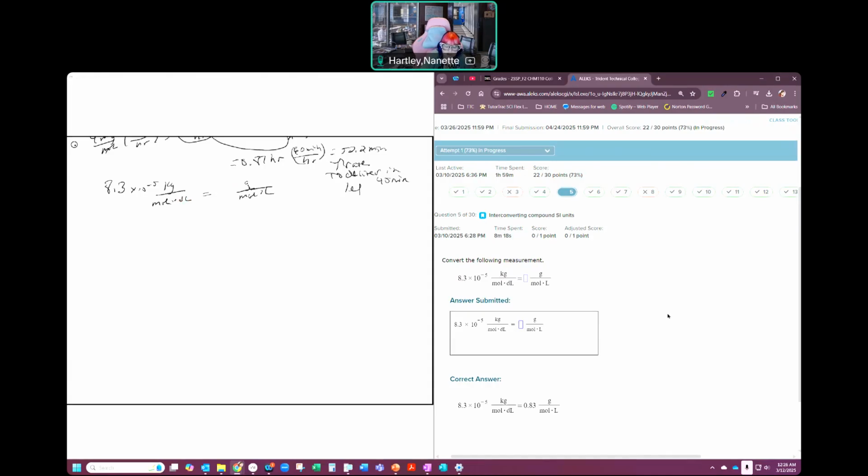So I need to do a number of different conversions. The moles are the same, but I need to convert from kilograms to grams and from deciliters to liters. So those are 2 different conversions.